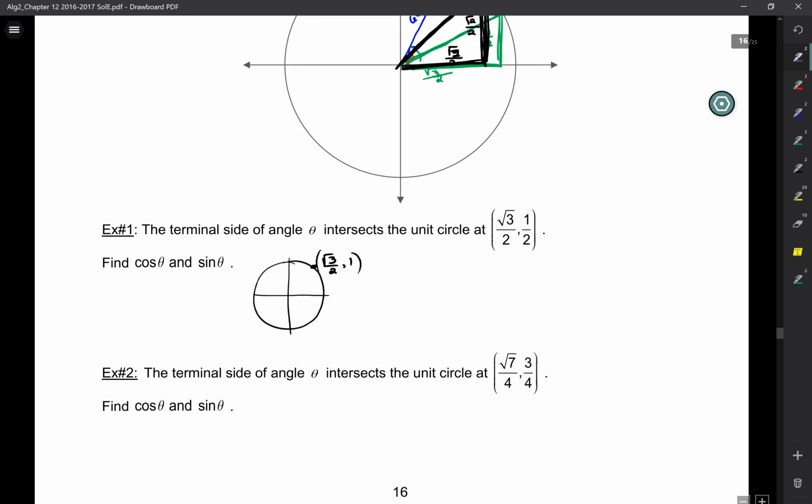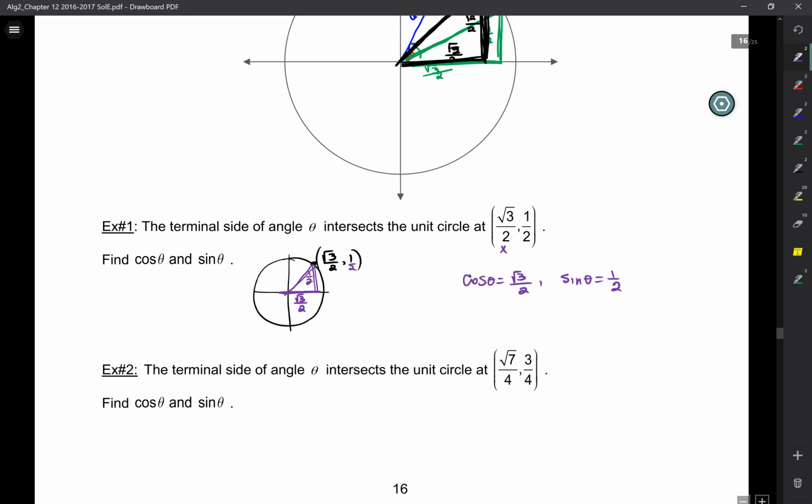That means to get to that point, I have to go an x distance of root 3 over 2 and a y distance of 1/2. Okay? So, what is the cosine of this angle? Root 3 over 2. How do we know that? Because it's always the x. What is the sine of that angle? 1/2.